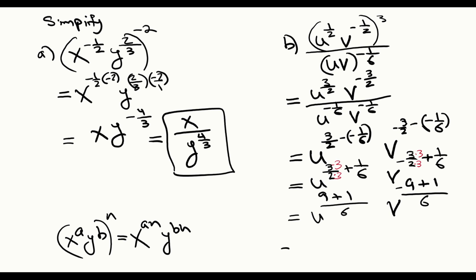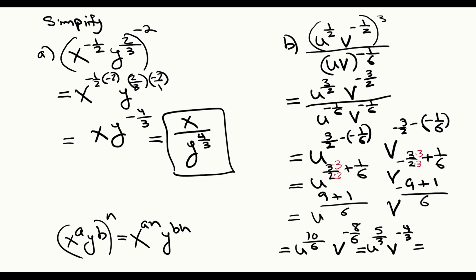So we end up with u to the 10/6th, v to the negative 8/6, which we can simplify and reduce, so we get u to the 5/3, v to the negative 4/3.